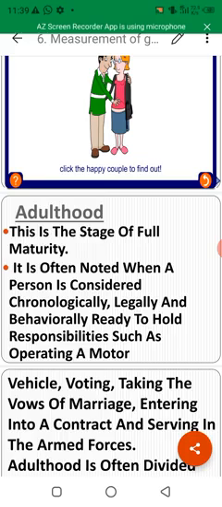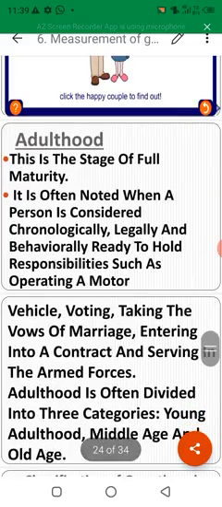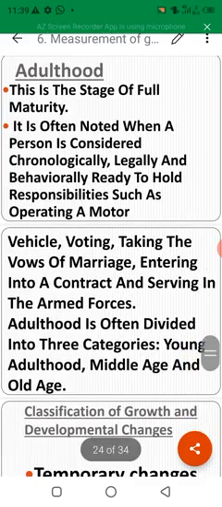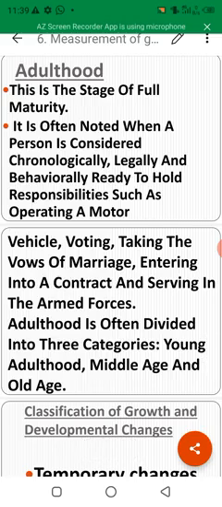It is often noticed when a person is considered chronologically, legally, and behaviorally ready to hold responsibilities, such as operating a motor vehicle, voting, taking the vows of marriage, entering into contracts, and serving in the armed forces.